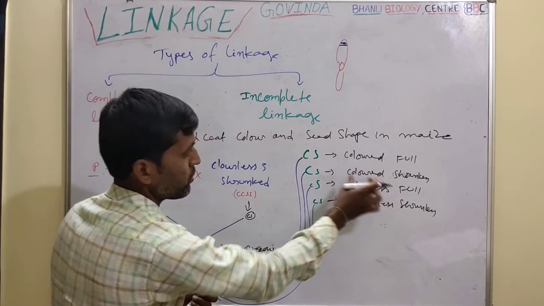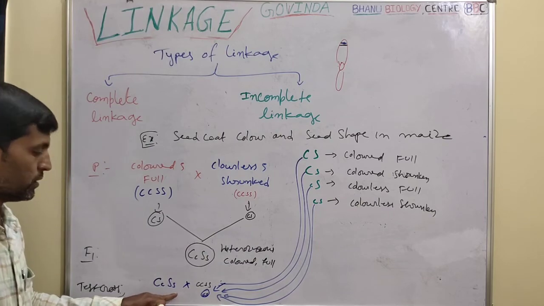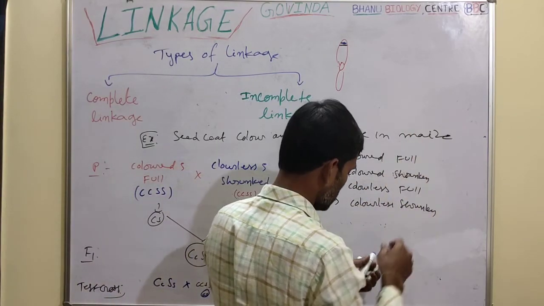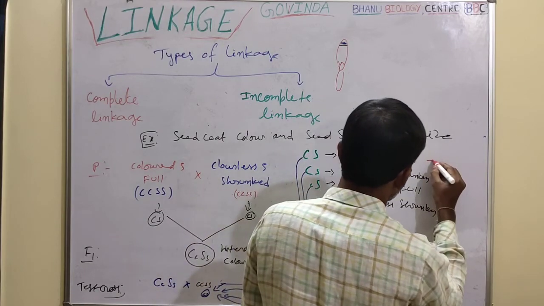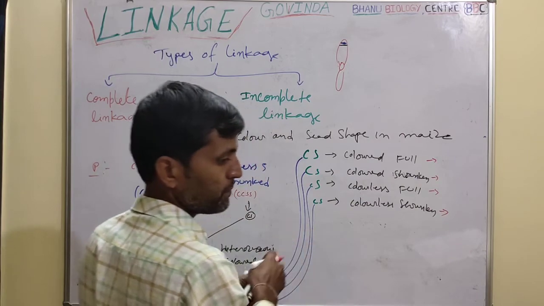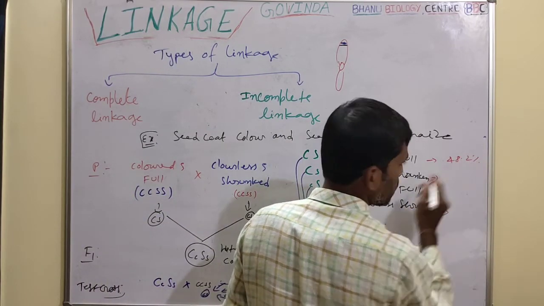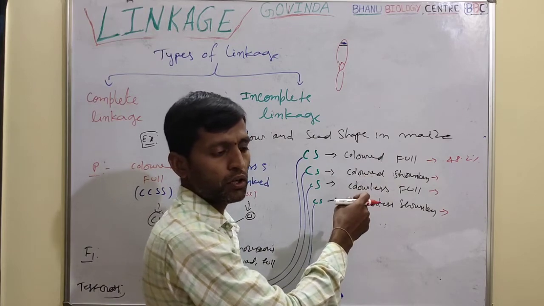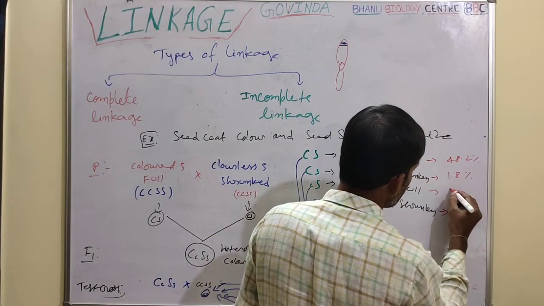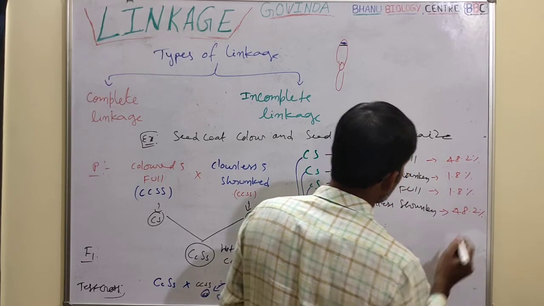These are the four types of phenotypes formed in the test cross. So let us see the percentage of these offspring. This one is 48.2%, this one is 48.2%, the other one is 1.8%, and this is also 1.8%.